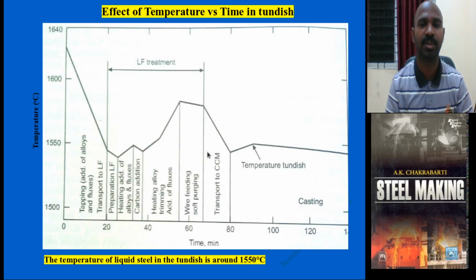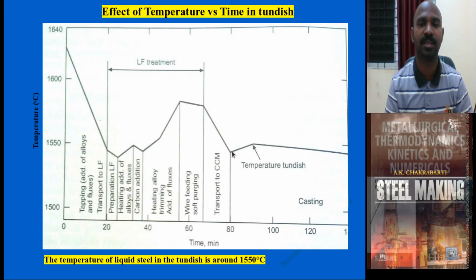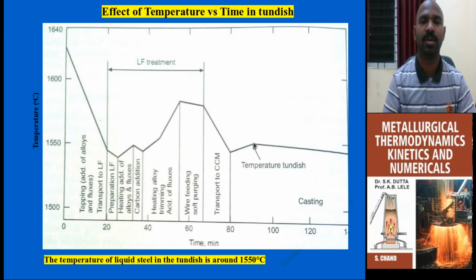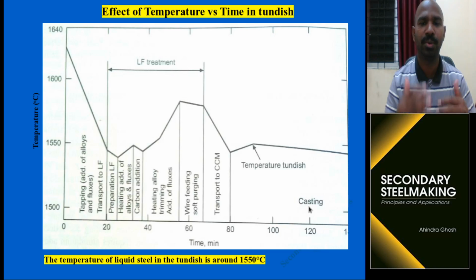After argon stirring within the tundish and closing the tundish cover, it is increased to 1550. That is sufficient to pour into the casting molds.